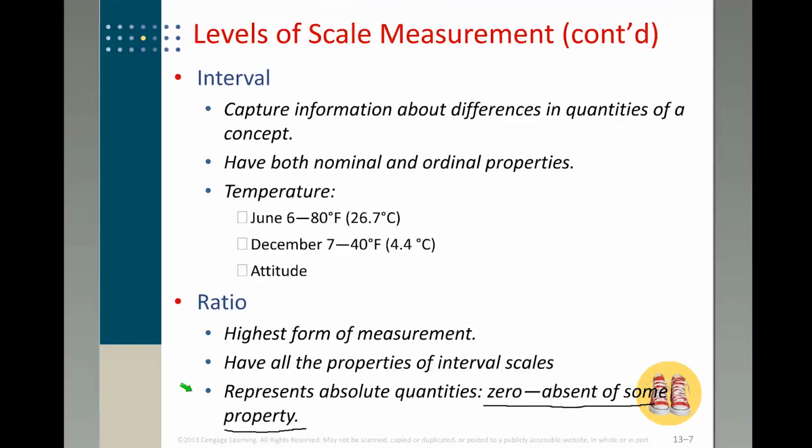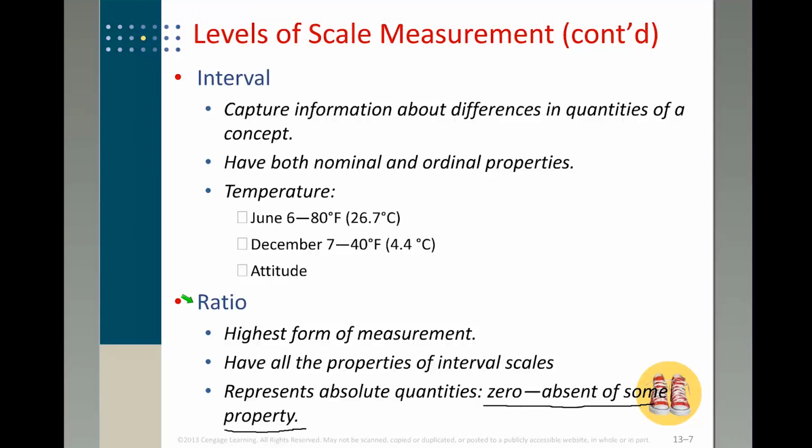Now, an example of ratio level measurement could be weight, right? 0 means the absence of any money. 0 means the absence of any income. So 0 in that sense has a meaning, okay? And then we call that ratio level data, okay? Now, actually, whether a researcher would like to differentiate between interval and ratio, it really depends on the situation.